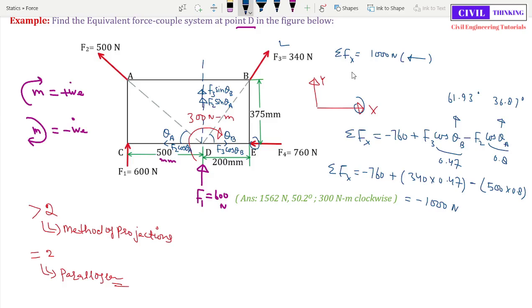Theta b is 61.93, and theta a is 36.87 degrees. That's all the information we need, and let's erase all of this, and then we will find the summation of forces in the vertical direction.